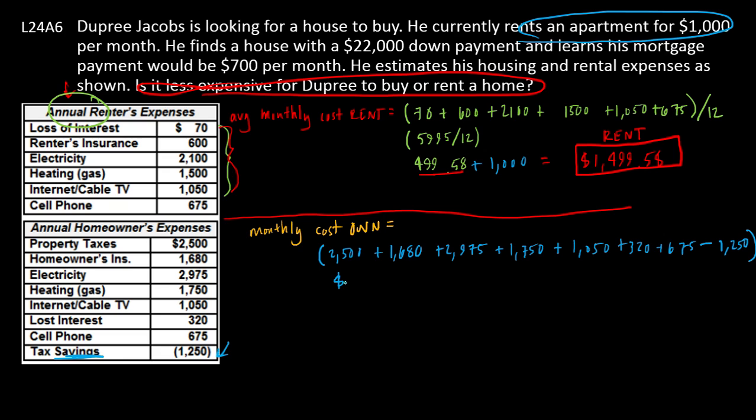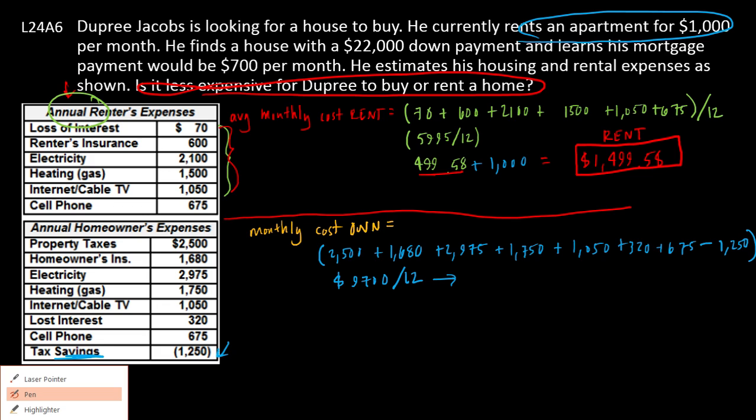So let's start by summing up all of these expenses. This brings us to $9,700. Now, we're going to take that $9,700 and divide by 12 to convert to monthly costs. Right now it's annual. We want to know the monthly cost. So that comes out to $808.33.